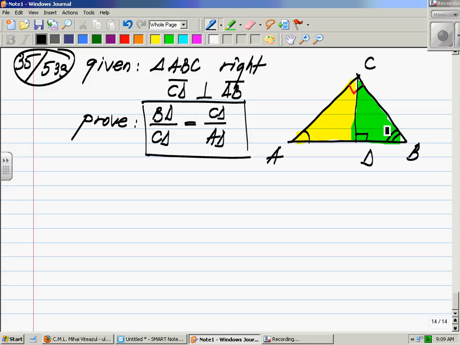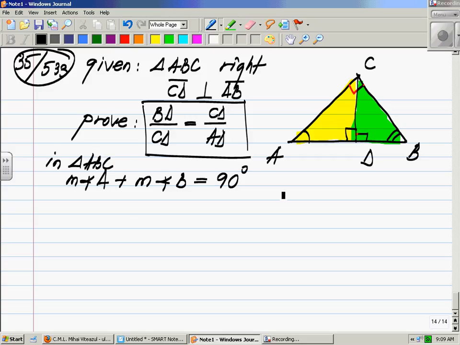Good. Moving into the yellow triangle, triangle ADC. I know this angle here is 90 degrees because CD is perpendicular to AB. If this is angle A, what can you tell me about angle ACD? We know the measure of angle A plus the measure of angle B equals 90 degrees in triangle ABC.